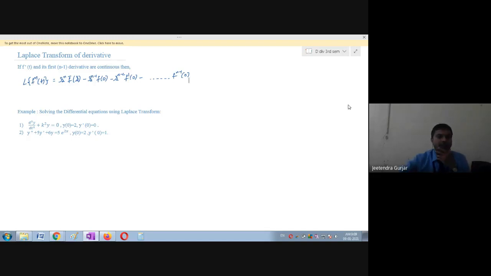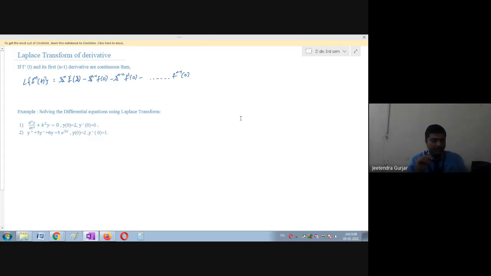So what this property says: if f dash of t and its n minus 1 derivatives are continuous, then f dash exists, which means differentiation exists. When differentiation exists, what is Laplace going to do?